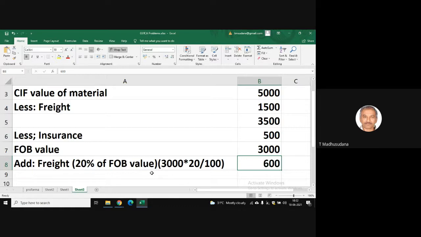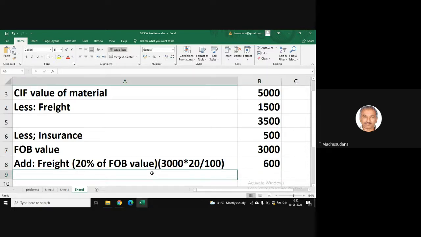Since the Customs Act fixes 20% of FOB value as the ceiling, that is the maximum amount allowed in valuation of CIF value under customs.